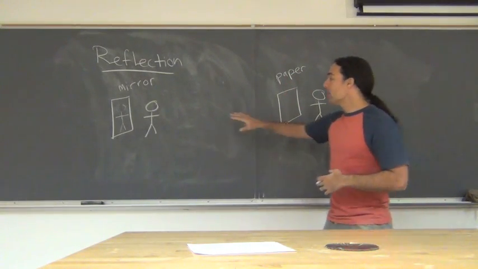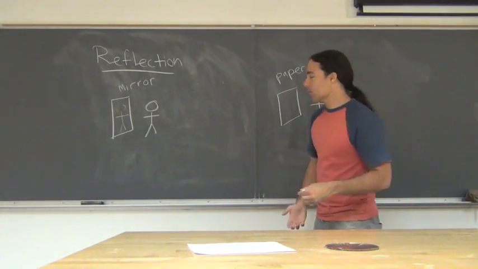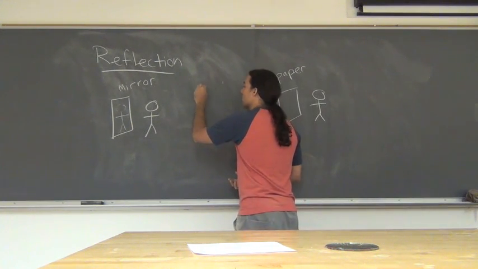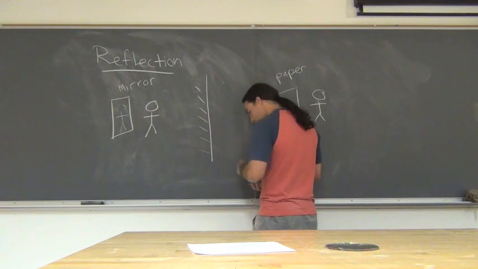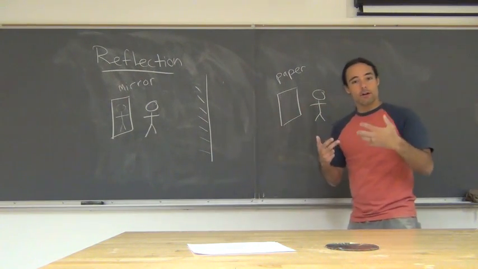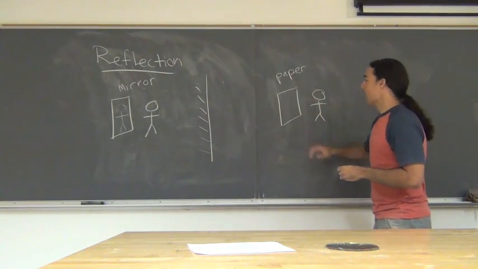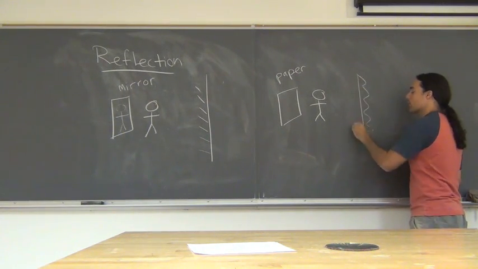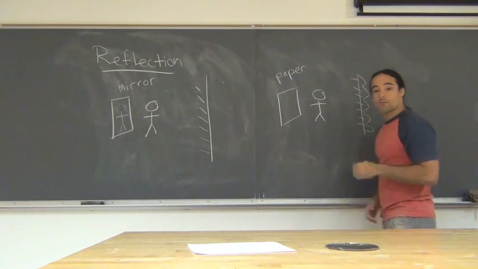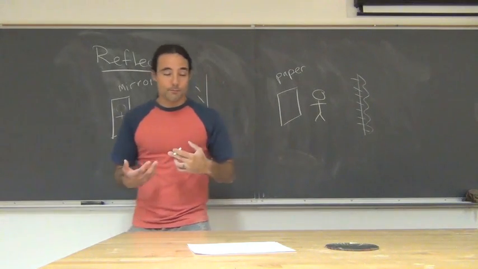Well, if I zoom in to the mirror on a molecular scale, on a microscopic scale, what you see is that it's very, very smooth. In contrast, paper is very, very rough on a tiny scale.